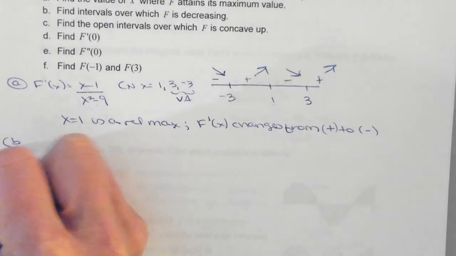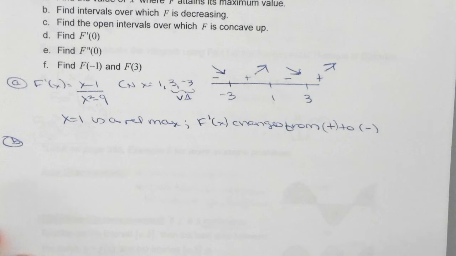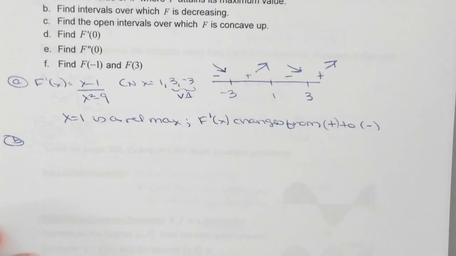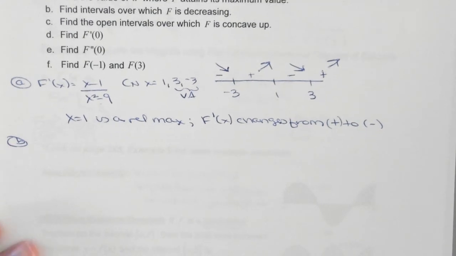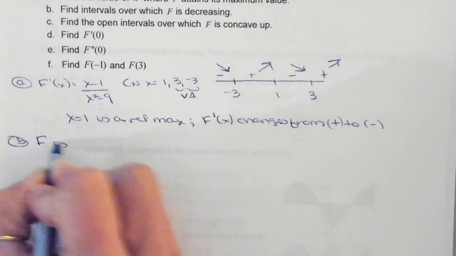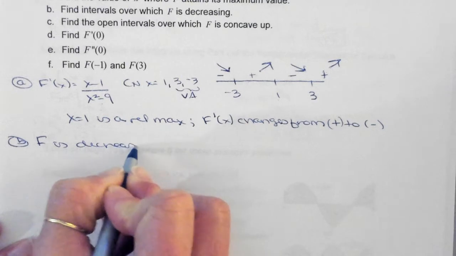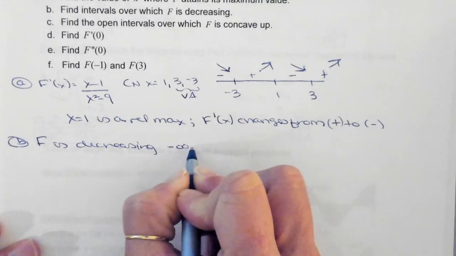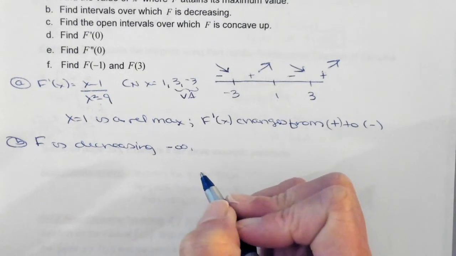Okay, part B. Find the intervals over which f is decreasing. Oh my gosh, don't we already have that information? Look at that. Decreasing from where to where? Negative infinity to, is negative 3 included?